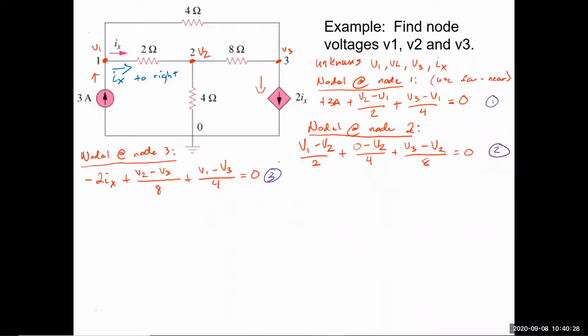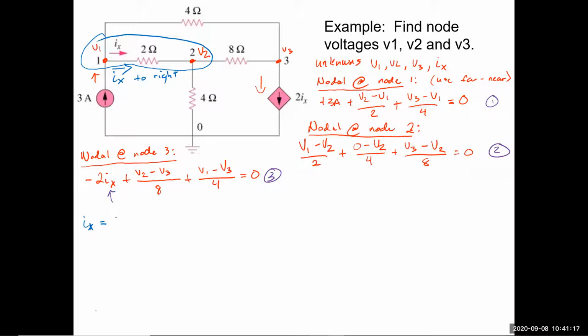Now, we do have 4 unknowns, so we need a 4th equation. In fact, our 4th equation is in finding out that Ix value. We can write that in terms of Ohm's law between the node voltages V1 and V2, divided by that 2 ohm resistor.